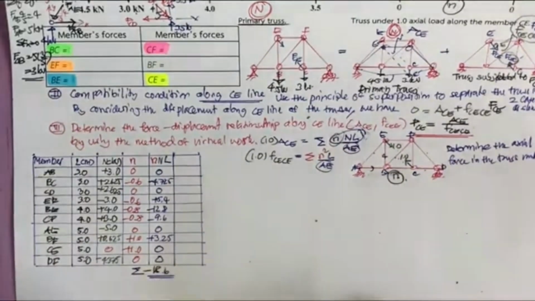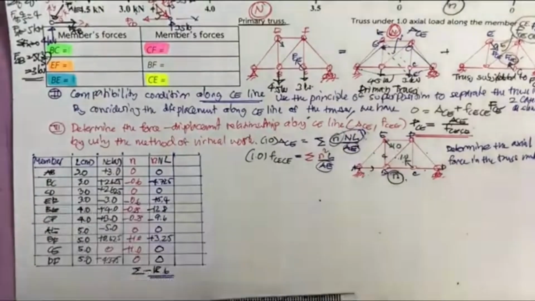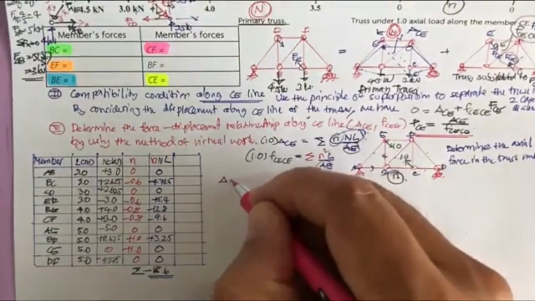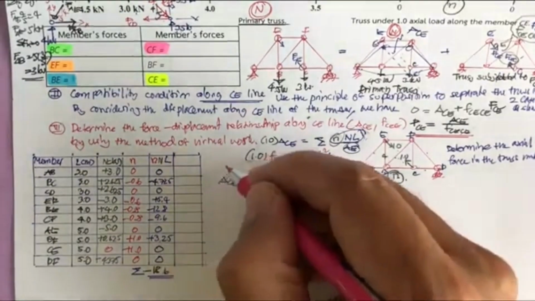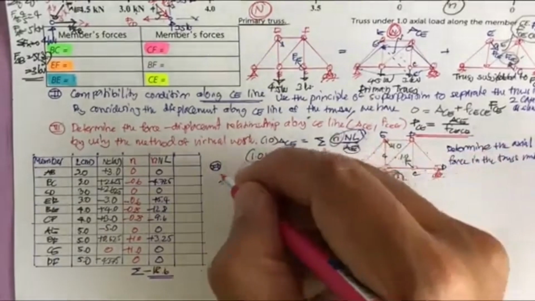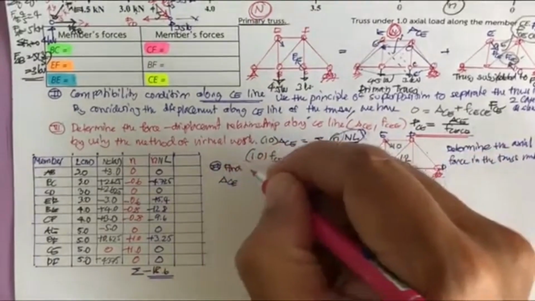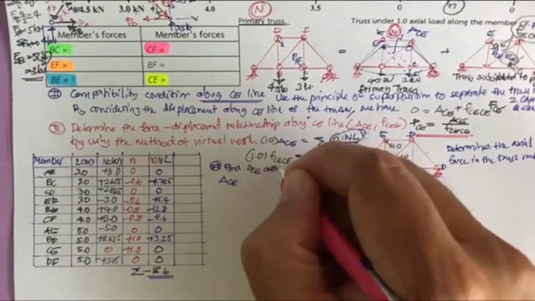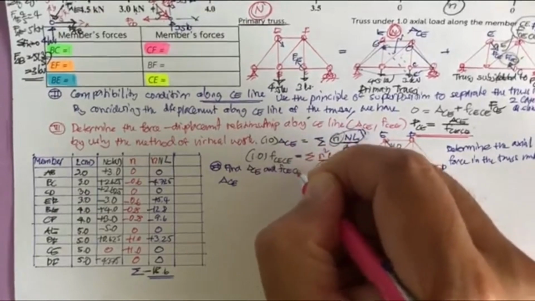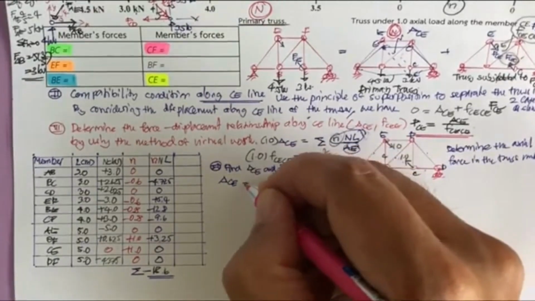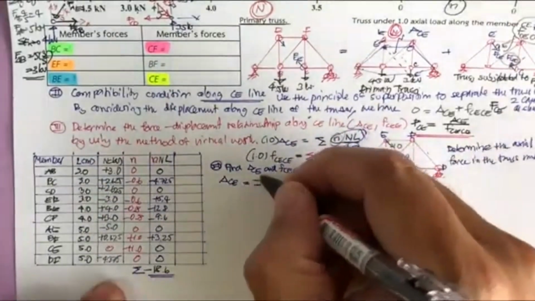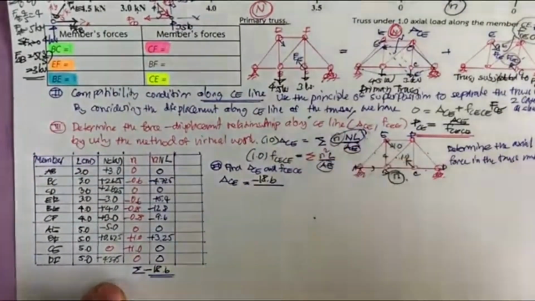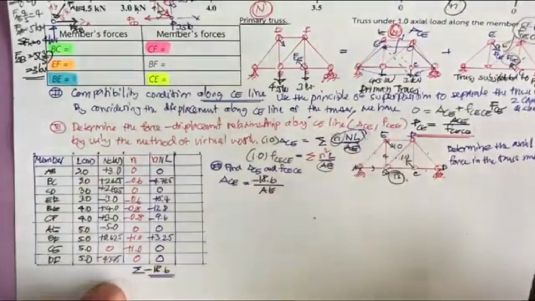If you do this, you get delta sub CE. So delta sub CE is equal to this one, minus 18.6 divided by AE.